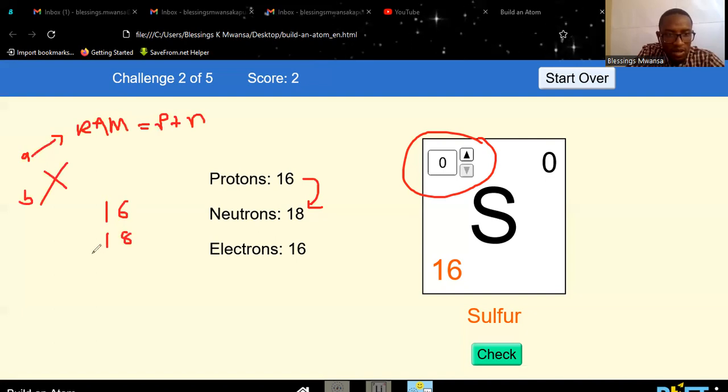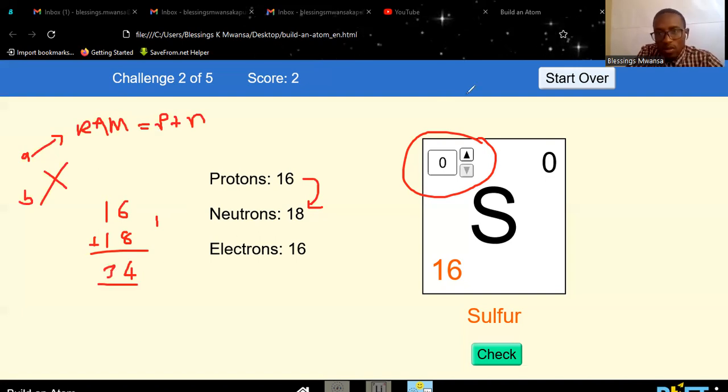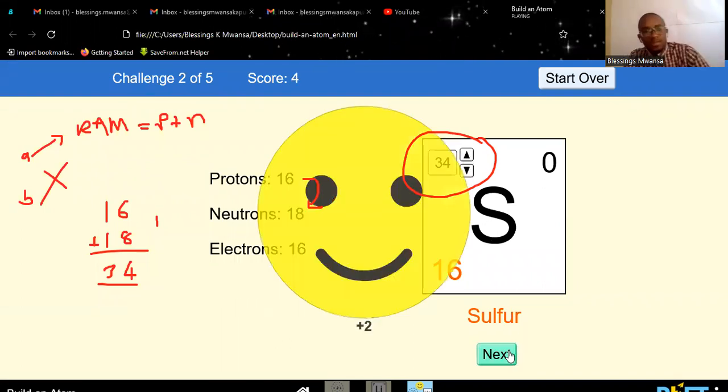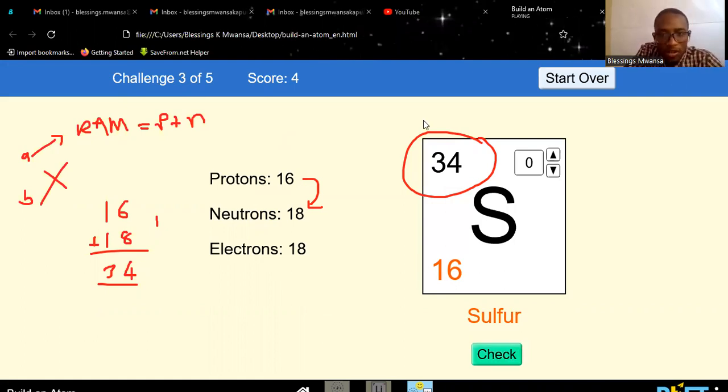Let's do the ordinary math. 6 plus 4, 14. 1, 1 plus 1, 2 plus 1, 3. So we're talking about 34 as a mass. Let's see and confirm if this is correct. This is 34. Is it correct? Excellent. Let's go for the next question.